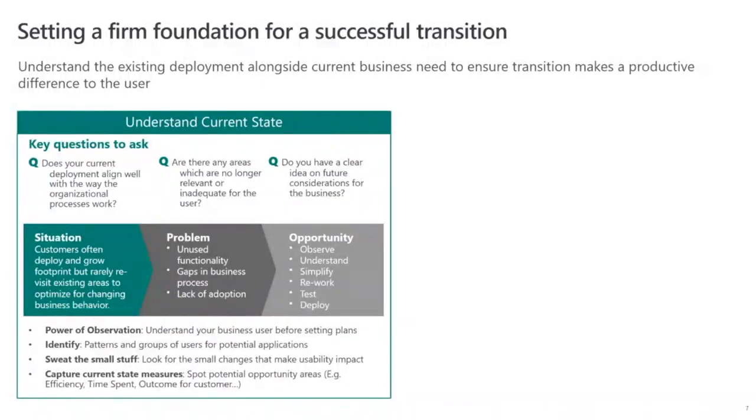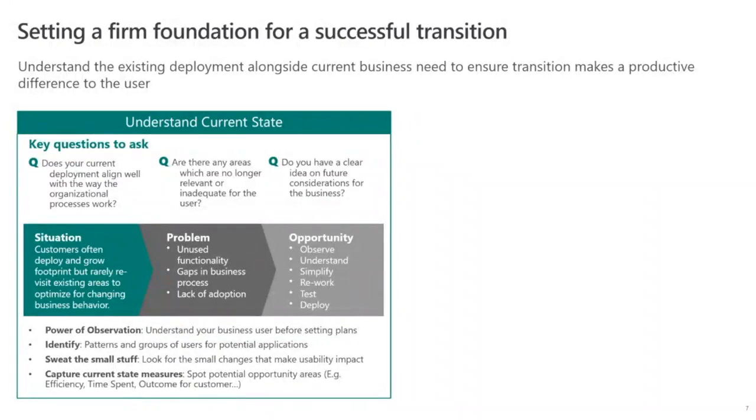And there are 4 main pillars here. The power of observation: understand your business user before setting plans. They will help you define what you need to accomplish in your application. Identify patterns and groups of users for potential applications, and we'll get into more details about that later. Sweat the small stuff: look for the small changes that make an impact.